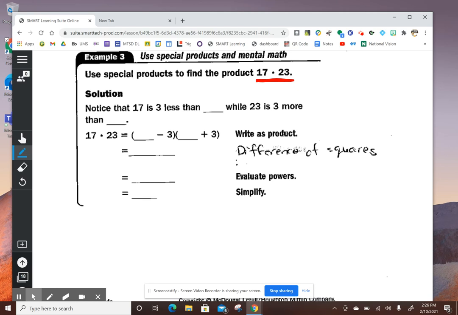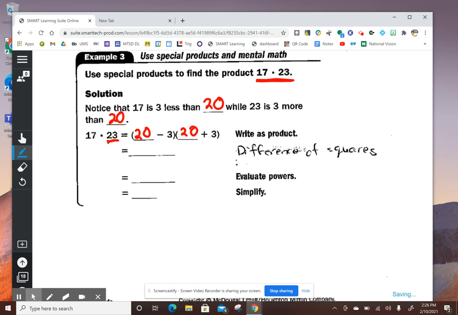And I'm going to use that information to help me mentally find this product. So 17 is 3 less than 20, while 23 is 3 more than 20. So instead of writing 17 as 17, I'm going to write it as 20 minus 3. Instead of writing 23 as 23, I'm going to write it as 20 plus 3.